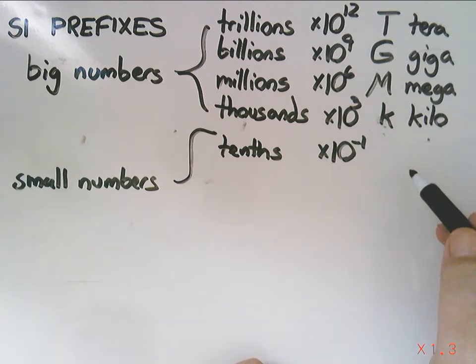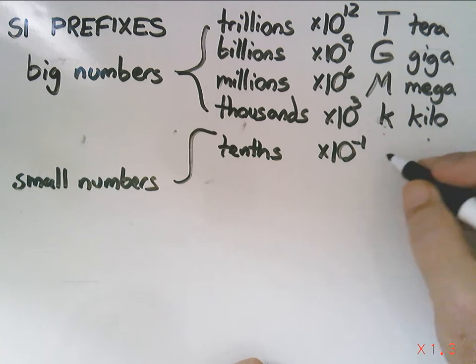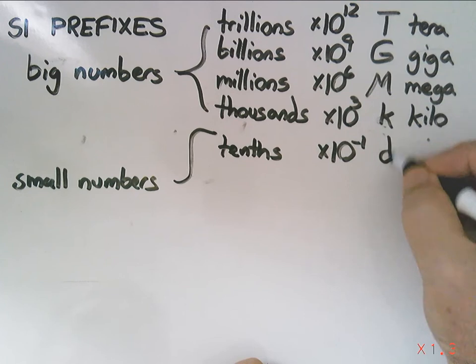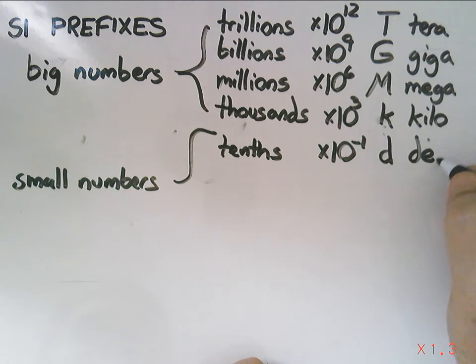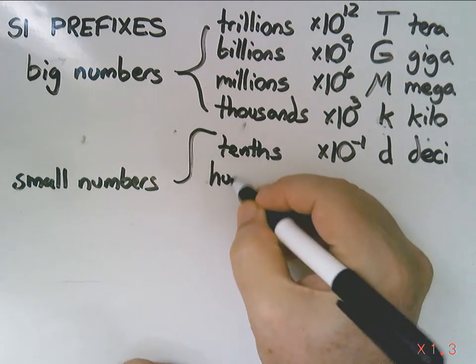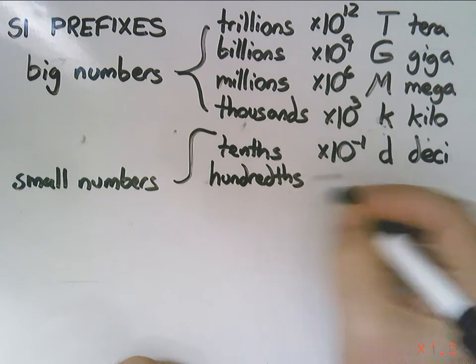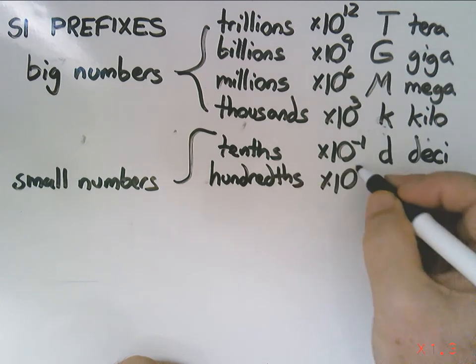All right, so if I have a deciliter of blood, I have a tenth of a liter of blood, about a tenth of a quart. And the abbreviation for deci, for tenths, is a d. Hundredths is times 10 to the minus 2.